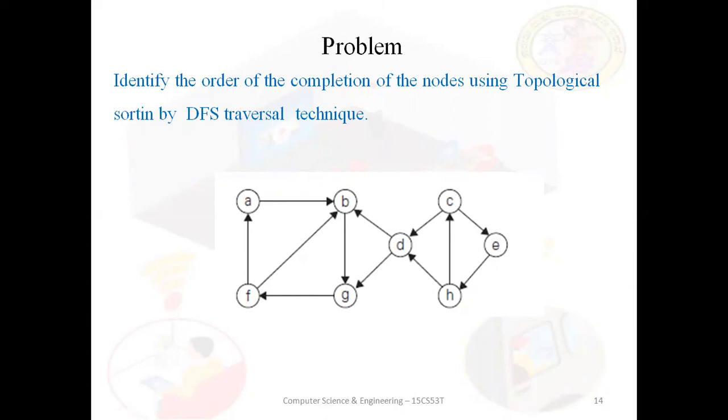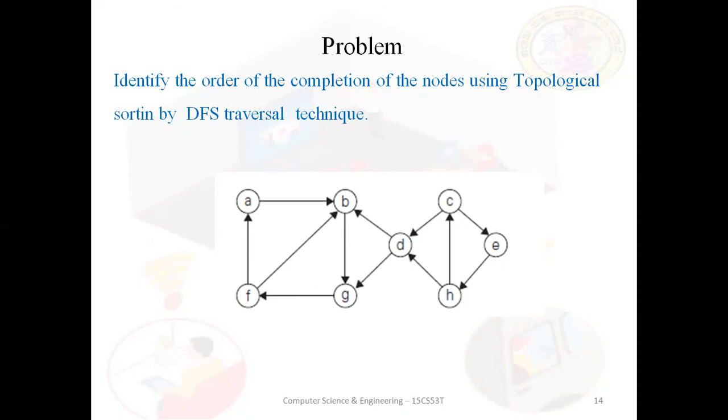A stack implementation is required, and we have to traverse the nodes depth first, and if a node becomes an end point, then we have to pop the node and again traverse the remaining vertices.